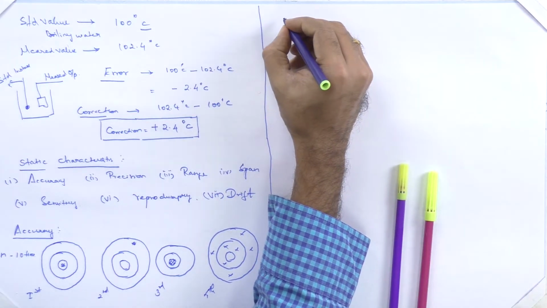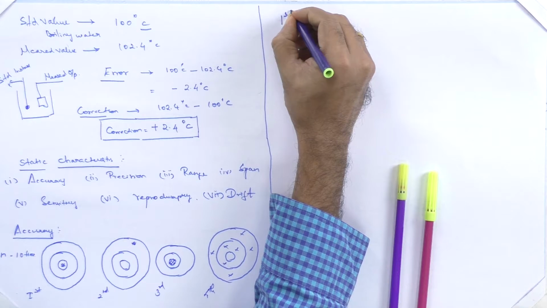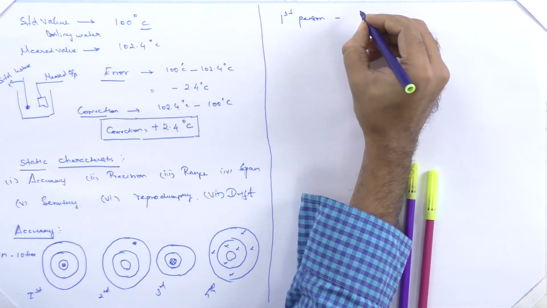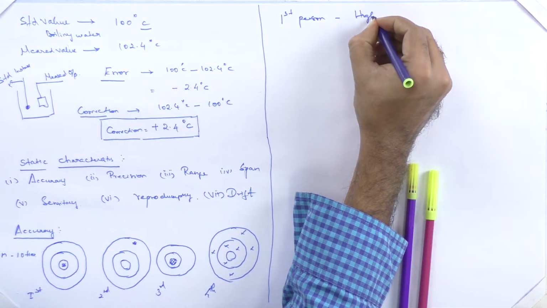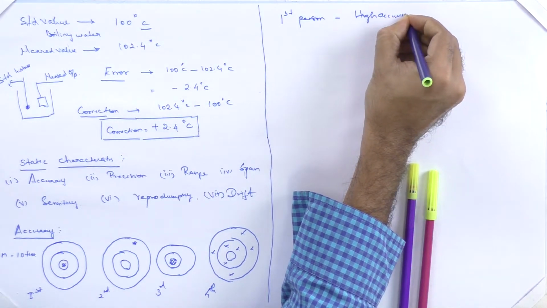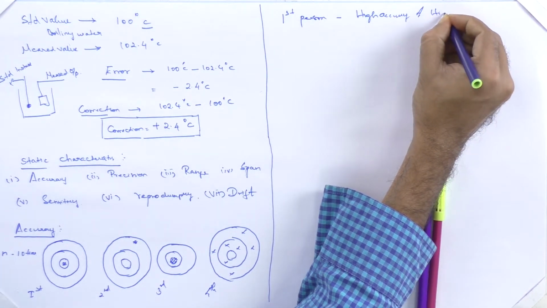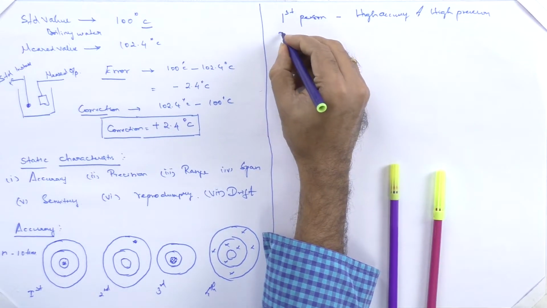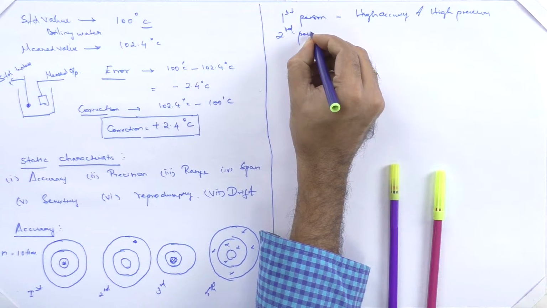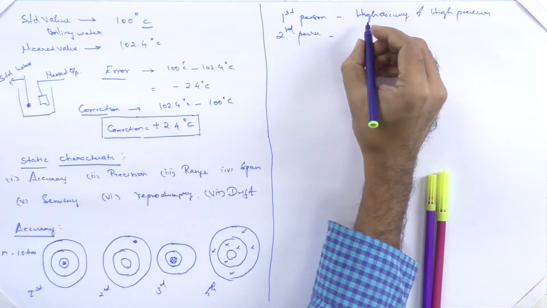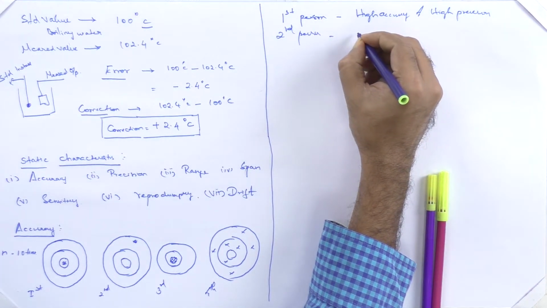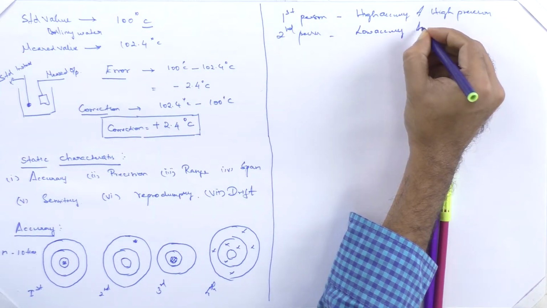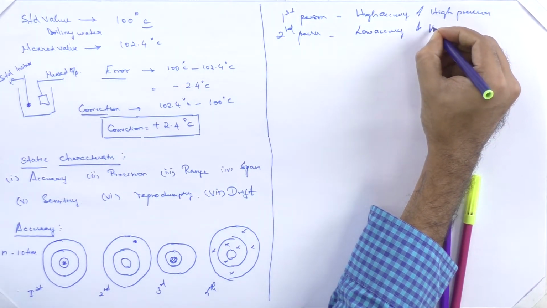Let me start explaining. The first person is high accuracy and high precision. Second person is low accuracy and very high precision.